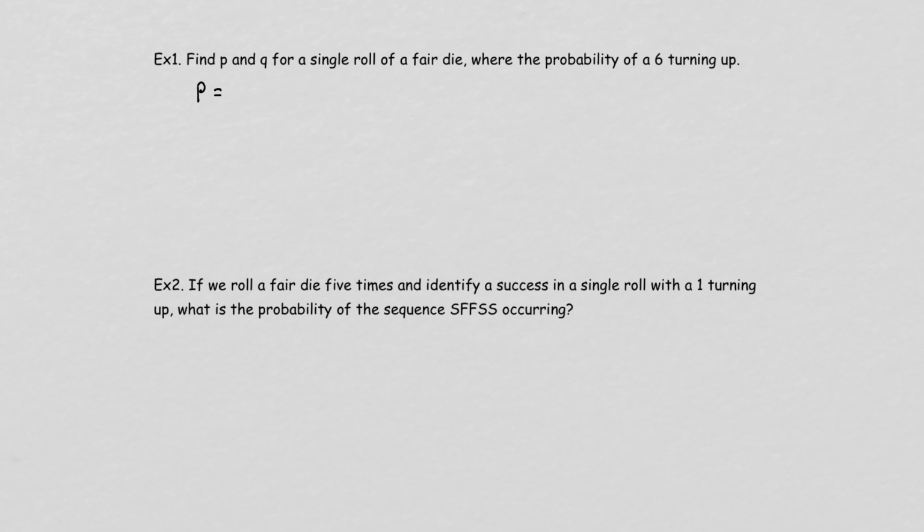You have a total of 6 outcomes, and getting a 6 is 1 out of those 6 outcomes. So the probability of getting 6 is 1 out of 6. So then what is Q? Q is not getting a 6, right? That's going to be 1 minus the probability of getting a 6. That gives you 5 over 6.